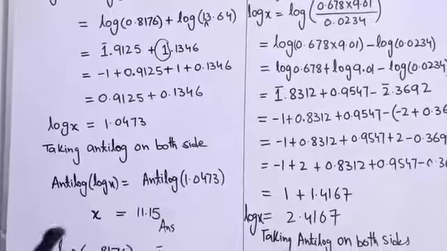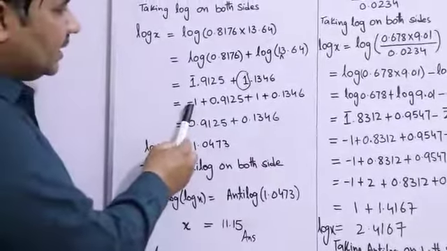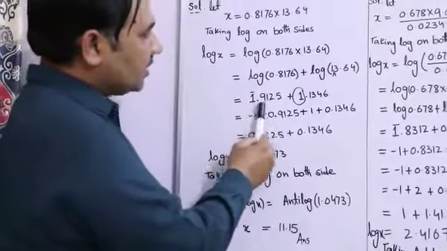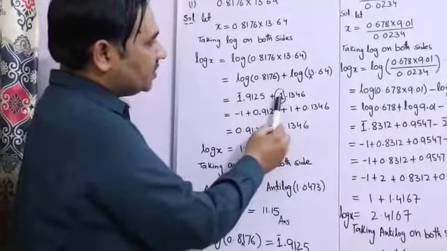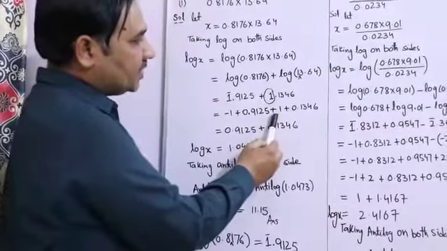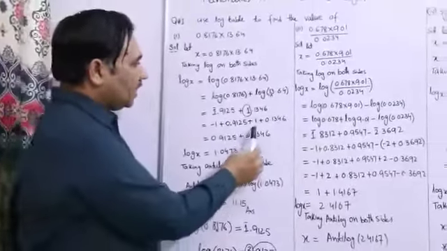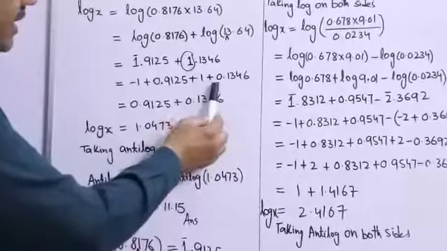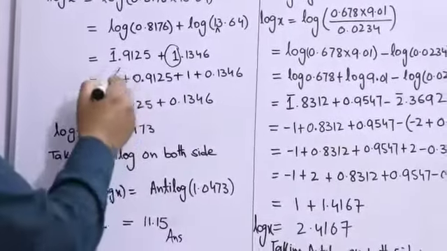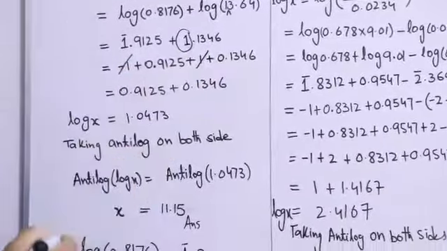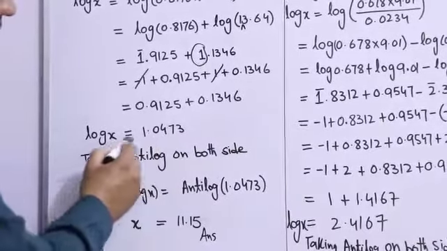So we can write it as characteristic 1 plus mantissa, which is positive. Now the minus 1 cancels out with this 1 after adding, and we have 1.0473. So log of x is this.